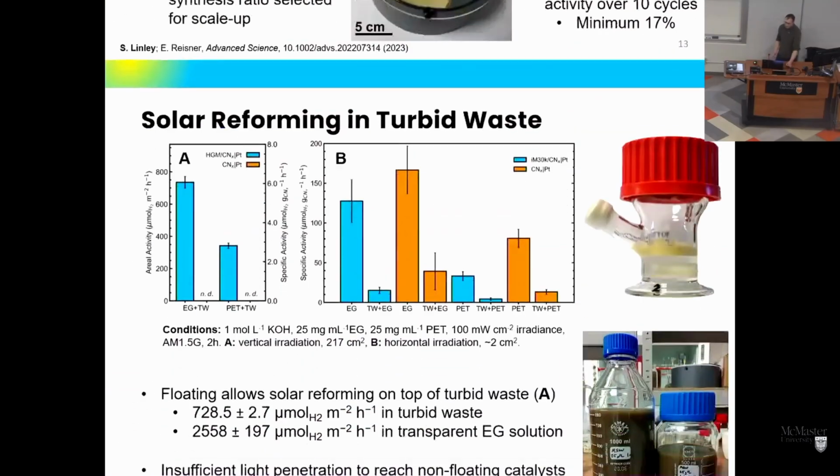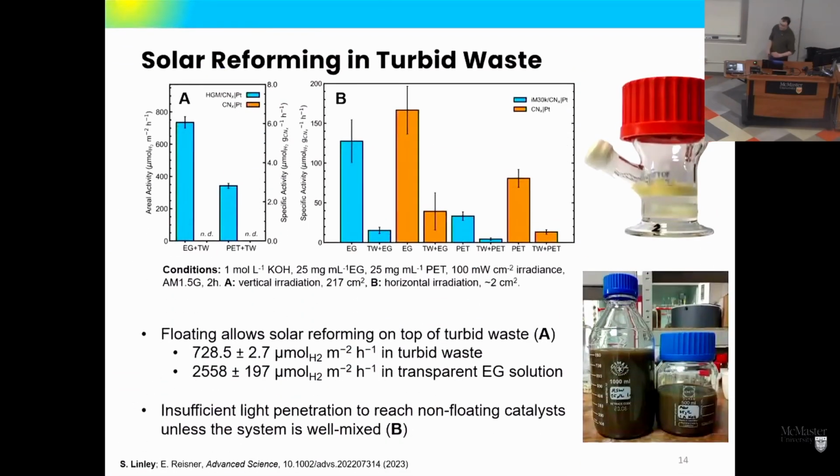We're also able to realize another one of those benefits of using the floating material. So we applied this composite in a turbid waste environment. So you can see this pretty cloudy substrate solution here. And when we apply the floating composite material, you can see over here on the left, we're able to get hydrogen production activity recorded.